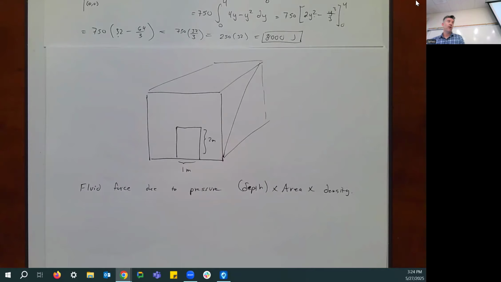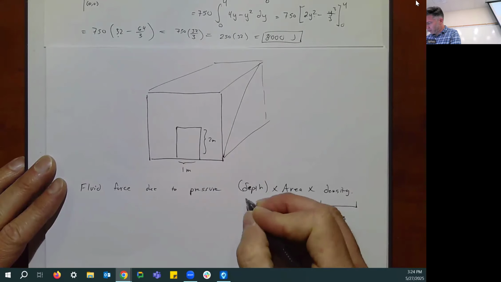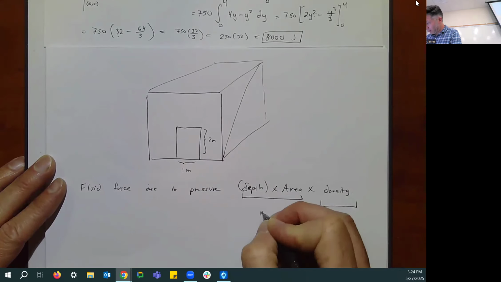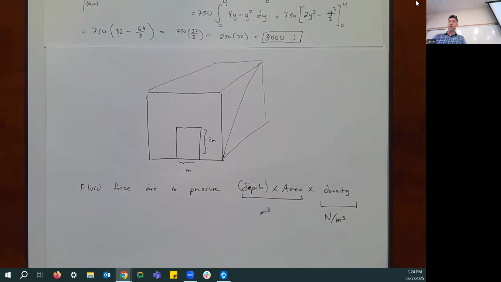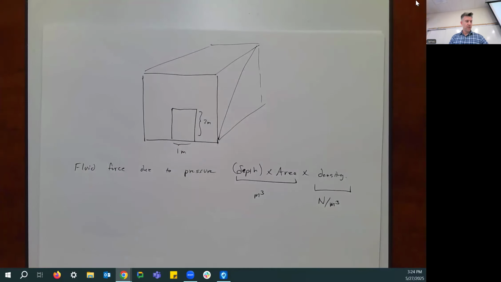So it should be a density in newtons per cubic meter, multiplied by cubic meters, so that the units we're left with are a unit of force or weight. So it's always good to think about what units you want to end up with to make sure you're multiplying the right things together when we're talking about force or work. For work, it's force times a length or a distance. For force, just force. I know that sounds kind of self-repeating, but that's what it is.